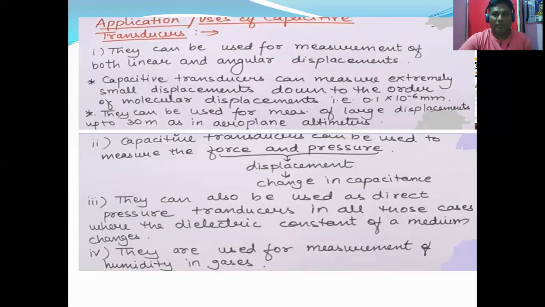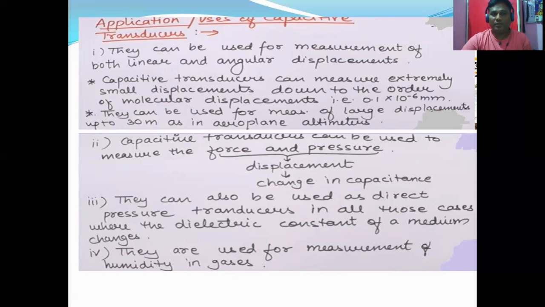Then the applications of capacitive transducers. They can be used for measurement of both linear and angular displacement. Here the transducers are normally used for displacement. In displacement I have two types, linear displacement and angular displacement.